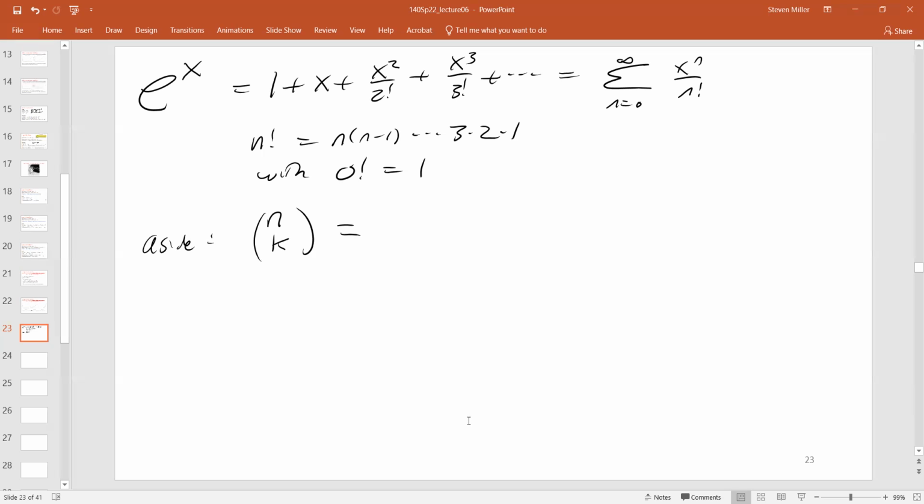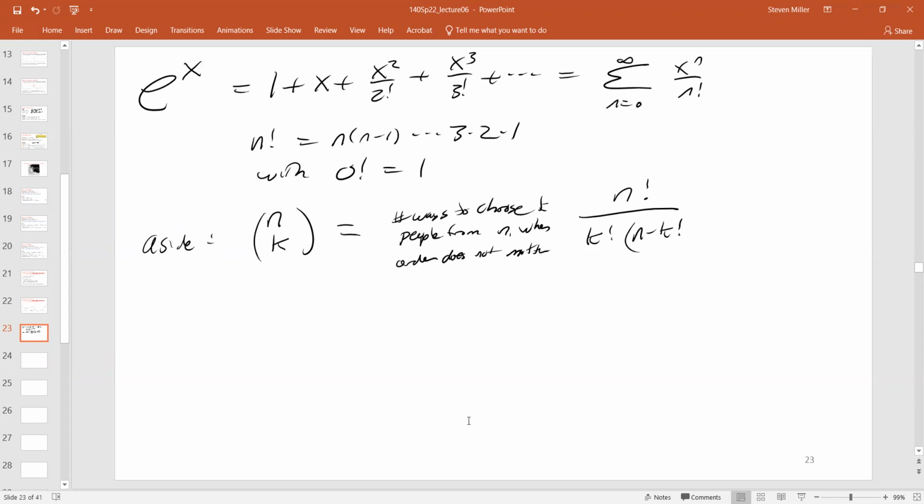This is the number of ways to choose k people from n when order does not matter. And it's n factorial over k factorial times n minus k factorial.